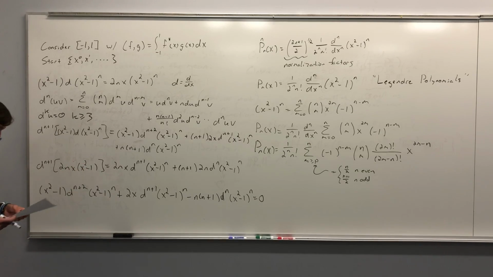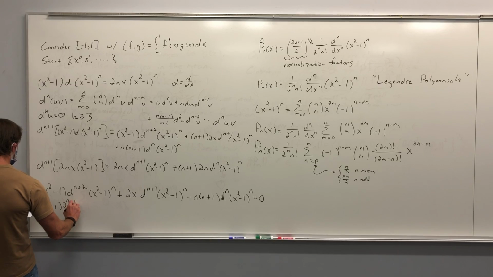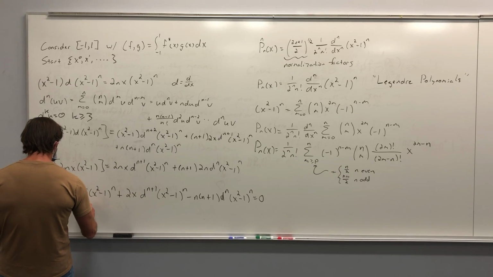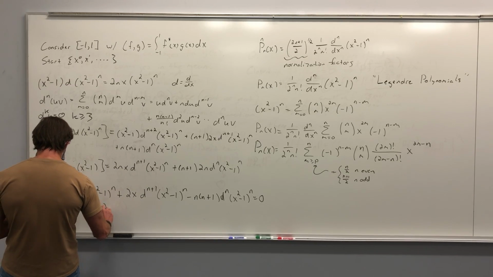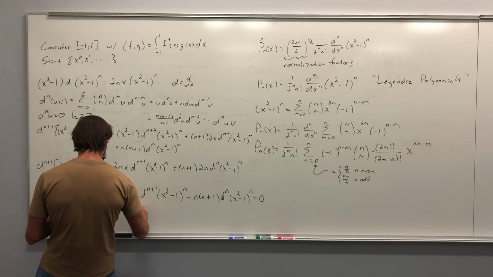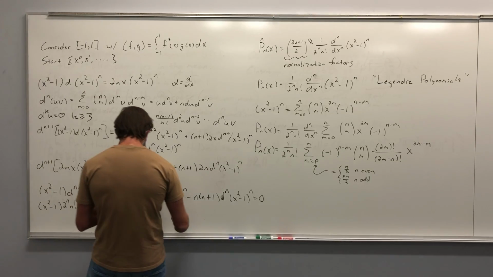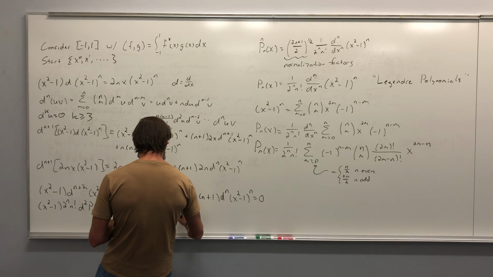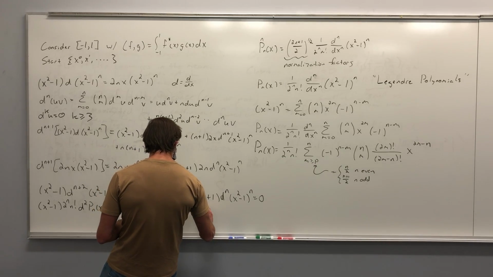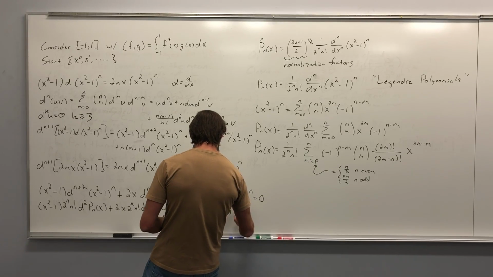We might have to massage the coefficients, and in the end what we'll get is the following: (x squared minus 1) 2^n n factorial d^2 P_n(x), plus 2x 2^n n factorial dP_n(x), minus n times (n plus 1) 2^n n factorial P_n(x) equals 0.